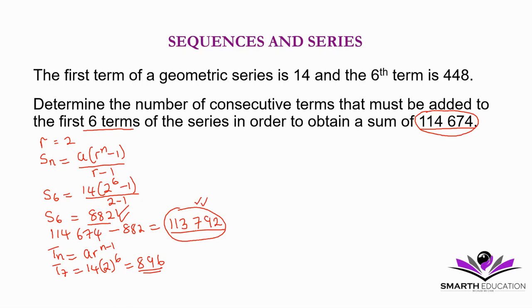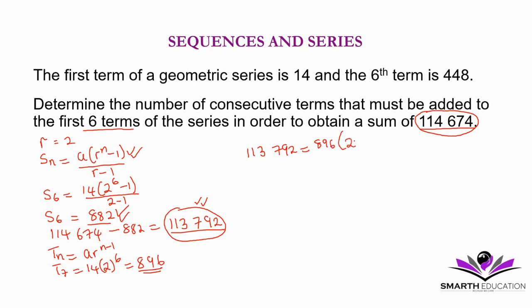Let's find n now. So we're going to use this formula, Sn, which is 113,792 is equal to our a, which is our 7th term, which is 896. And then our ratio is 2.